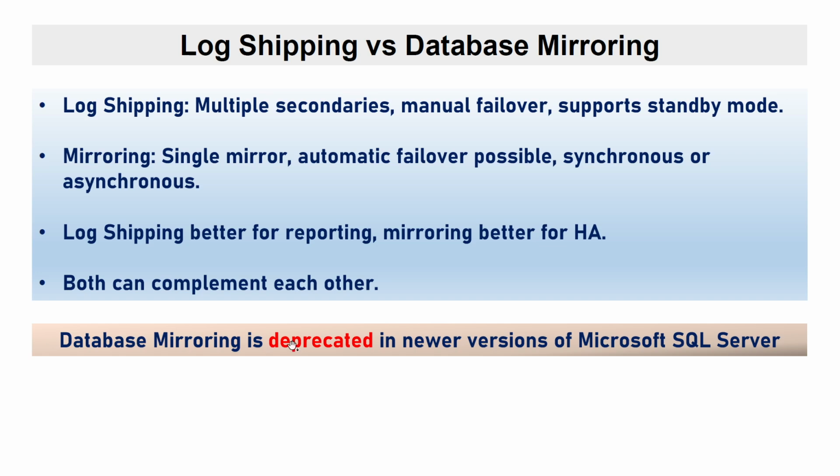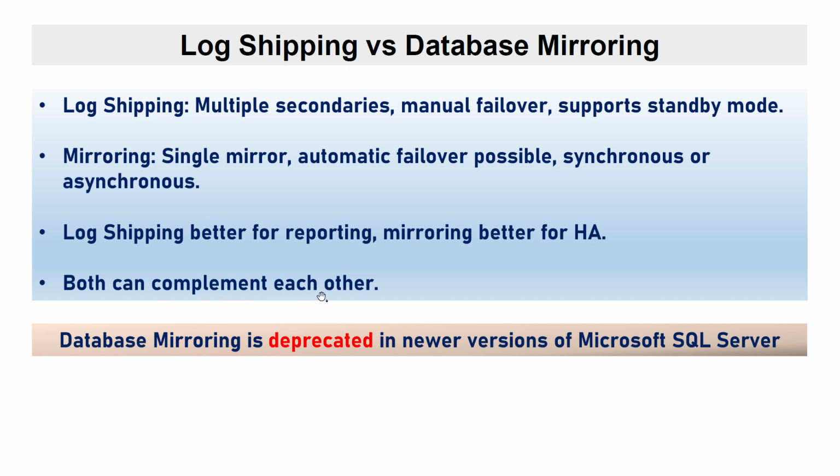Now let's compare some of the other features: log shipping versus database mirroring. Log shipping: multiple secondaries, manual failovers, supports standby mode. Mirroring: single mirror but automatic failover, synchronous or asynchronous mode. Log shipping is better for reporting, mirroring is better for HA.